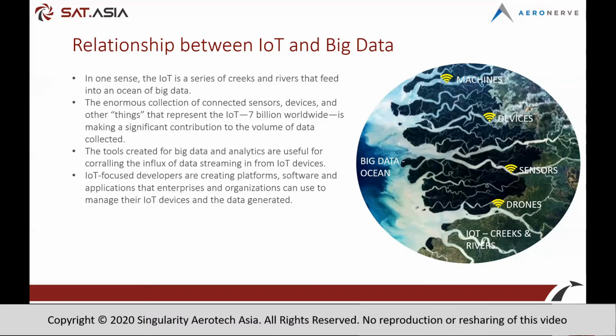The enormous collection of connected sensors, devices, and other things that represent IoT, we were talking about 7 billion worldwide, is making a significant contribution to the volume of the data collected.